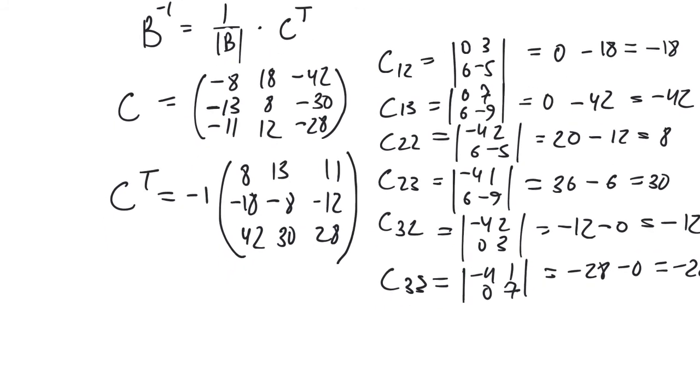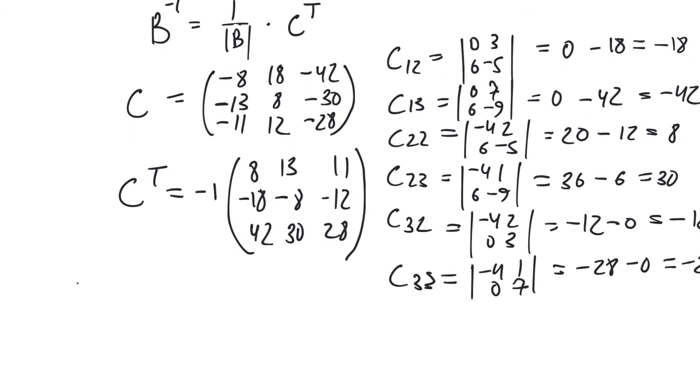And the last thing we have to do is to write the full form of our inverse. And it's 1 over -34 multiplied by -1, so it's 1 over 34. And actually another thing is we can factor out 2.